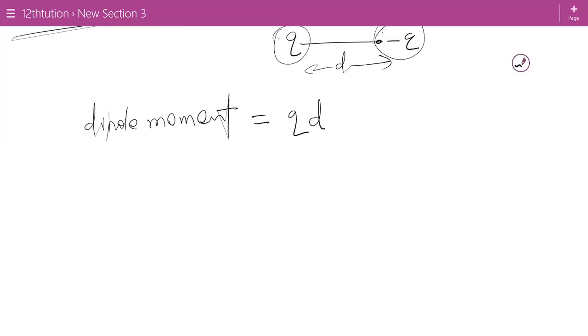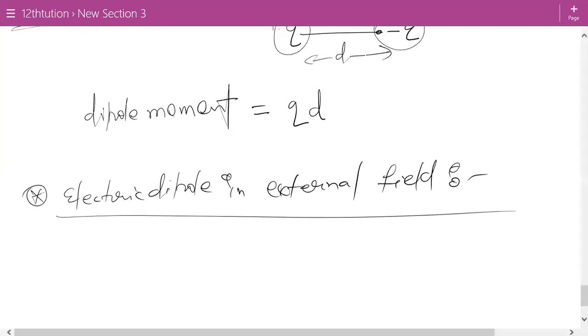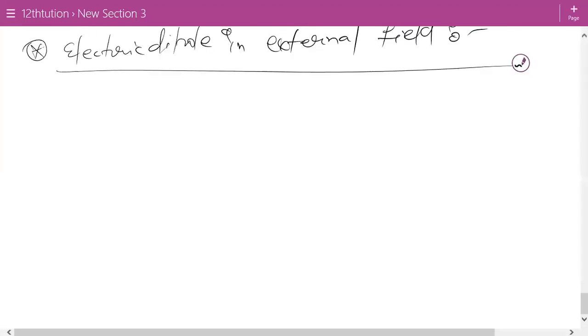Now we will study the electric dipole in an external field. Electric dipole in external field means there is an external electric field.